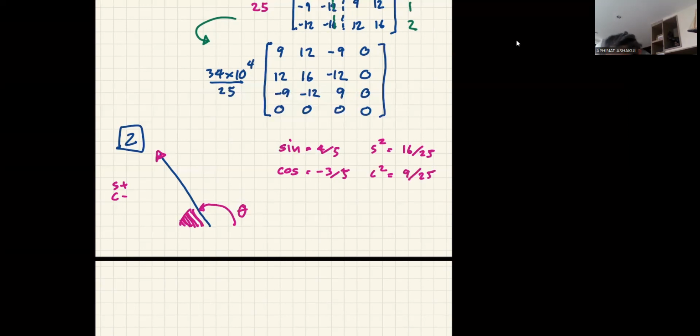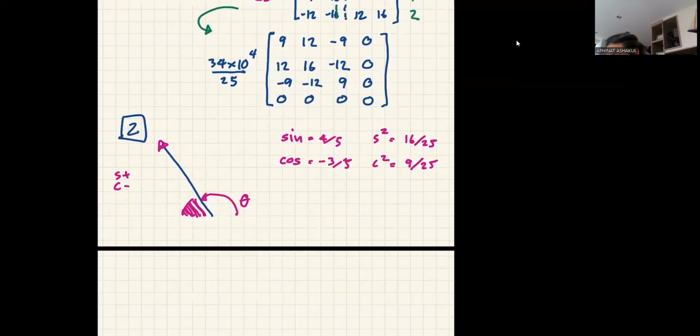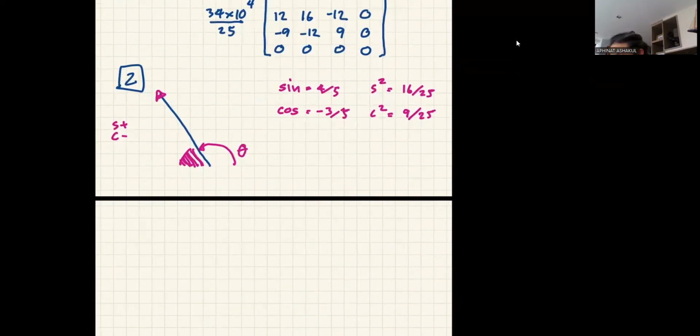Okay. And the coefficient is similar to that of member number one because it has the same cross section and the same length. So I'm just going to go over here and write K2 now. So that's going to be 34 multiplied by 10 to the power of 4 over 25. 25 is due to the trigonometry.